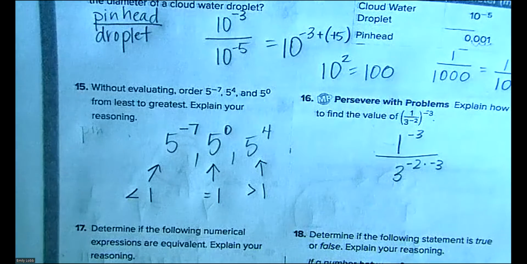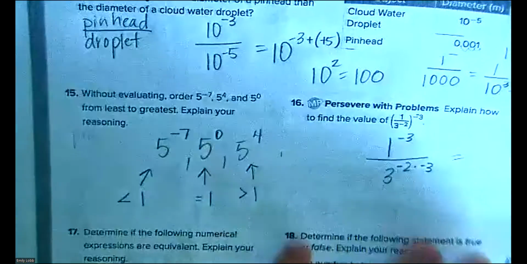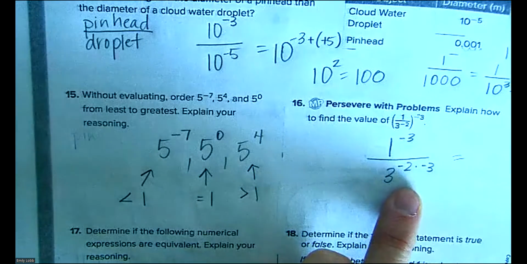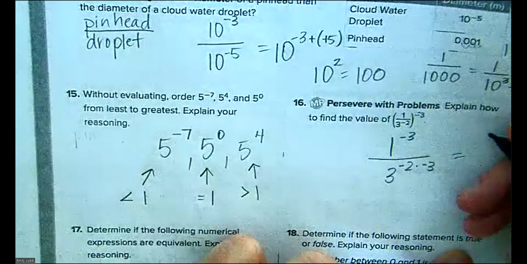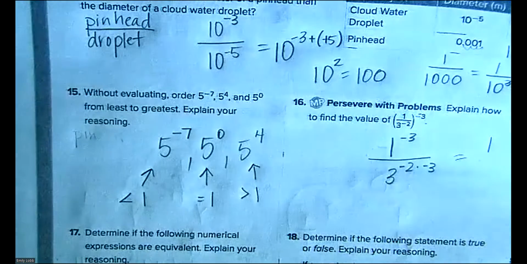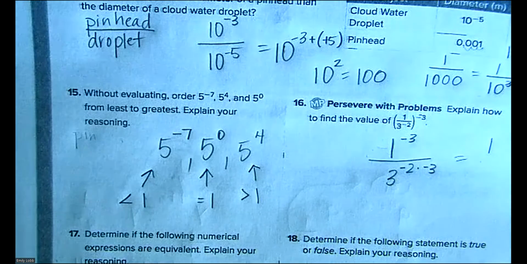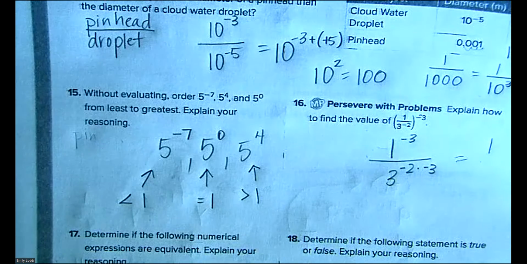Oh man, you guys remember our power of a power rule? So we have 1 here, right? Because the reciprocal of 1 is 1. 1 to the 3rd is still 1, right? 1 times 1 times 1.